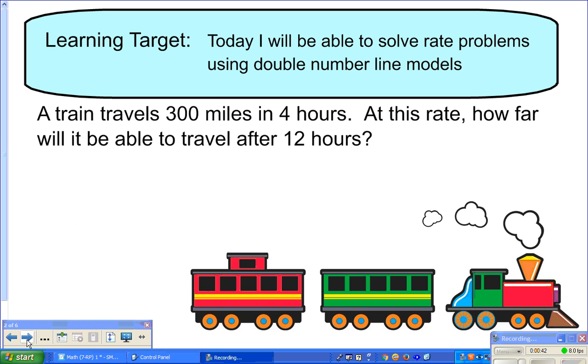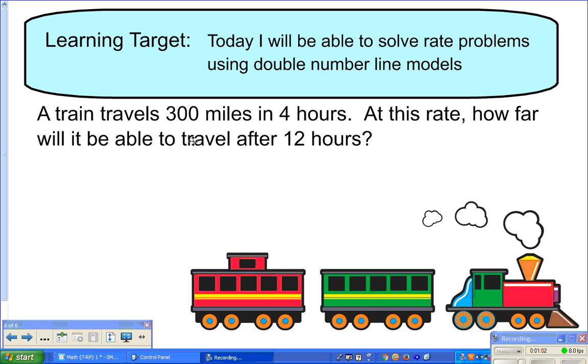Here we have a train which travels 300 miles in 4 hours. The rate is 300 miles in 4 hours. At this rate, how far will it be able to travel in 12 hours? We could solve this problem in one of two ways. We could figure out what the unit rate is. The unit rate is when you have a rate that's associated with one unit.